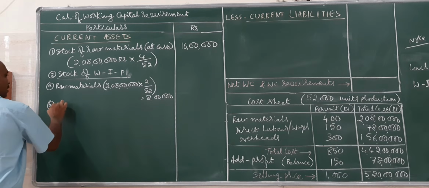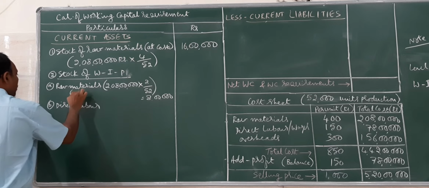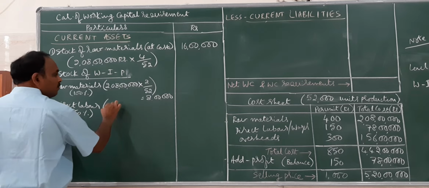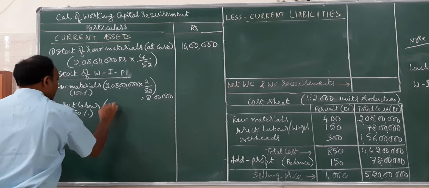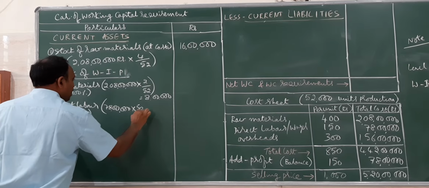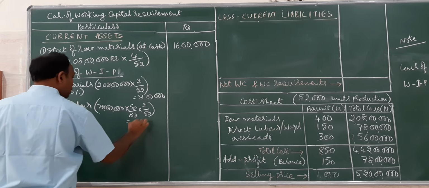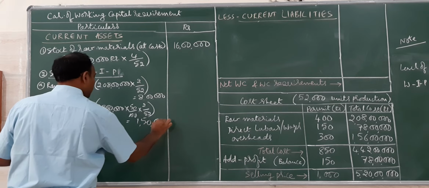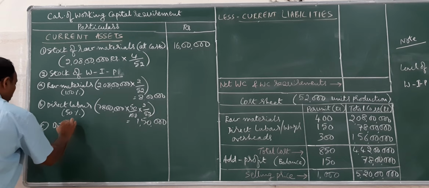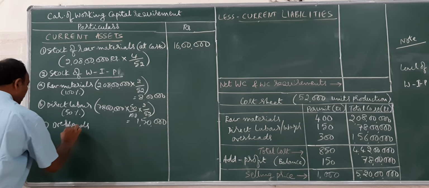Then direct labor, 50% complete. Direct labor is 78 lakhs, 50% complete for 2 weeks. It comes to 1,50,000. Then overheads, again 50% complete.